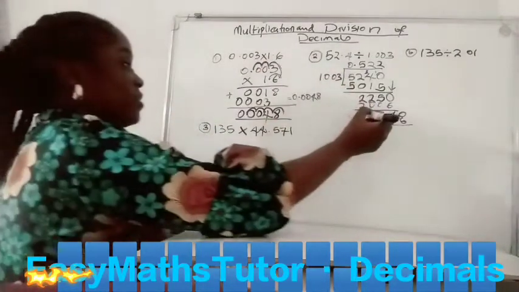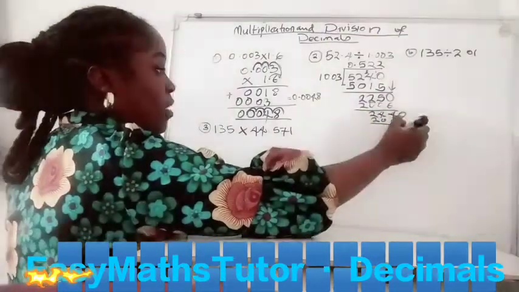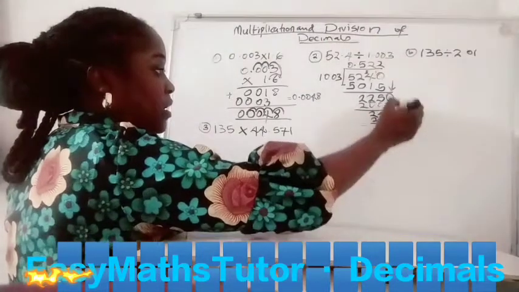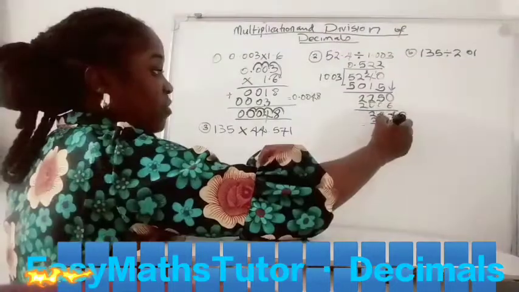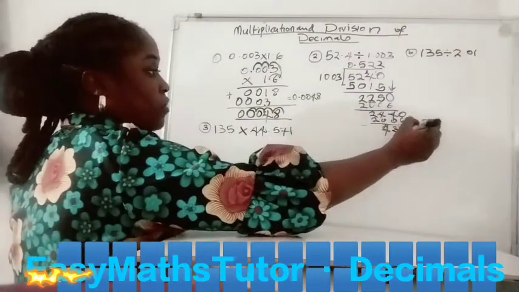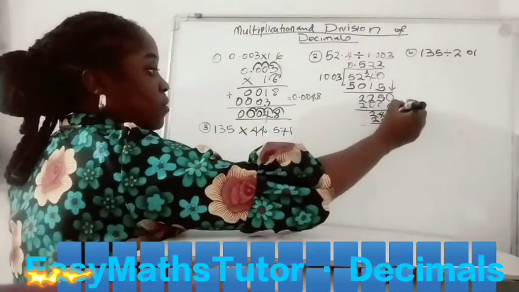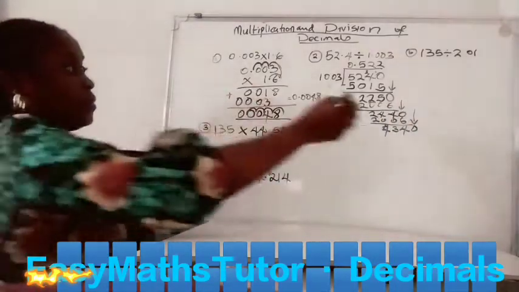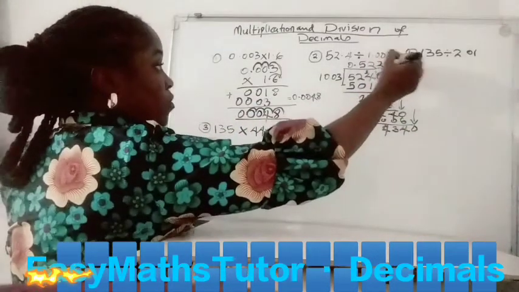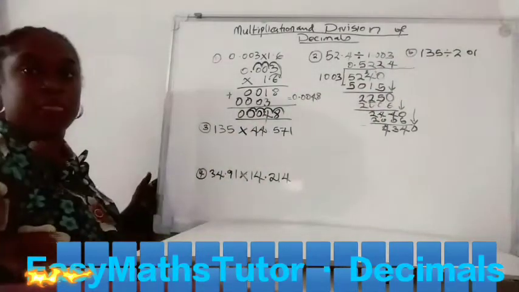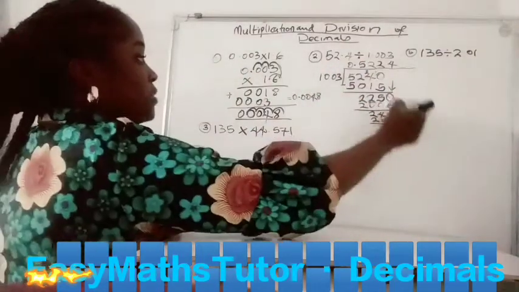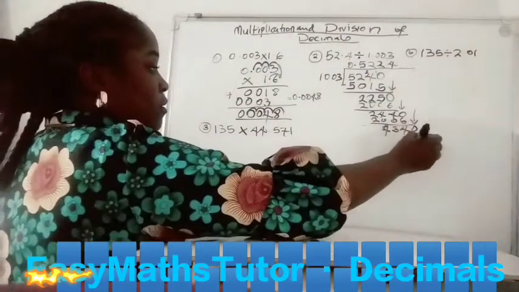So when you subtract this, what will you have? You have 4 here, you have 3 here, and you have 4 here. So you bring down another 0. Okay, so you divide this, giving you 4. 4 times 3 is 12.